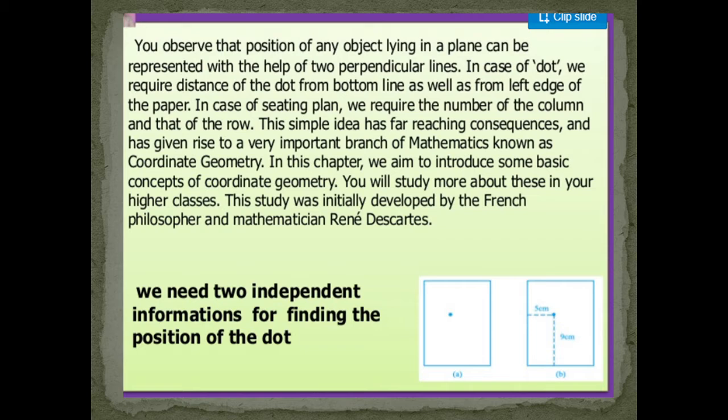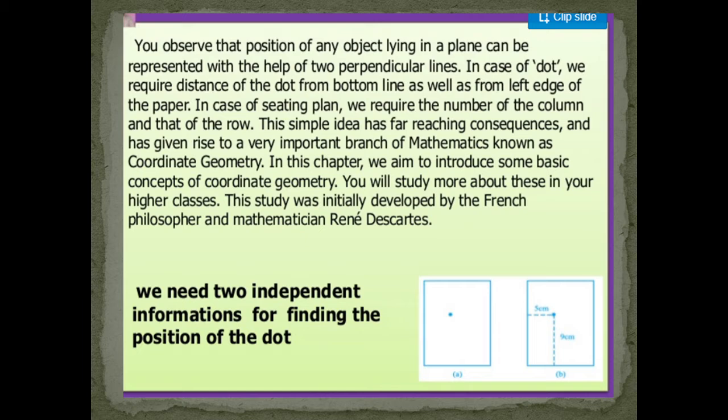And similarly, how to locate your place in your class, that is based on rows and columns, in which row you are sitting and in which column you are sitting. Based on that, you can locate your position in your class also. So this simple idea has given rise to one very important branch of mathematics, which is known as coordinate geometry.